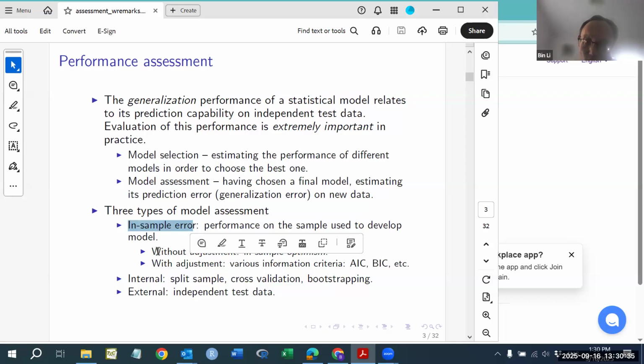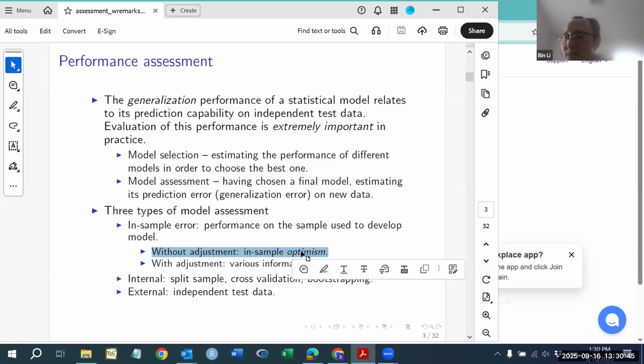So we can have it without adjustment. That's no good. Why? Because we have in-sample optimism, because we use the same data set to train the model as well as to evaluate. There's a kind of bias, and that bias is called in-sample optimism.